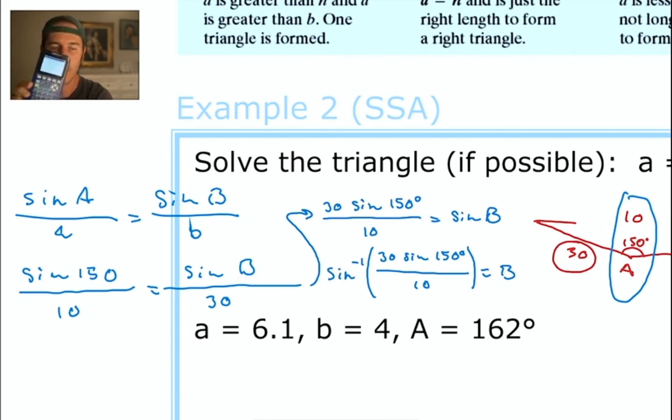I'm back on the home screen of my TI, and I'm going to scroll back over and delete this inverse sine at the beginning of my statement, and delete the parenthesis at the end. So now I just have 30 sine 150, where the 150 degrees is still in parentheses, divided by 10, enter, and I get 1.5.